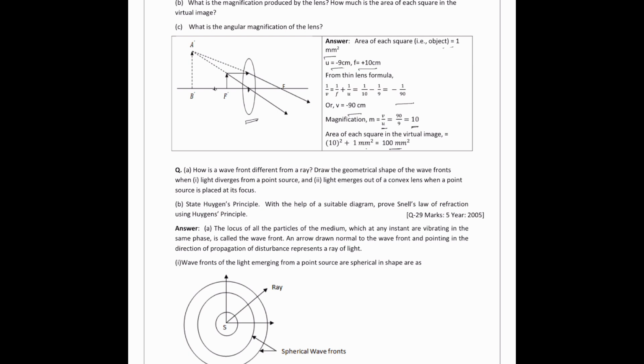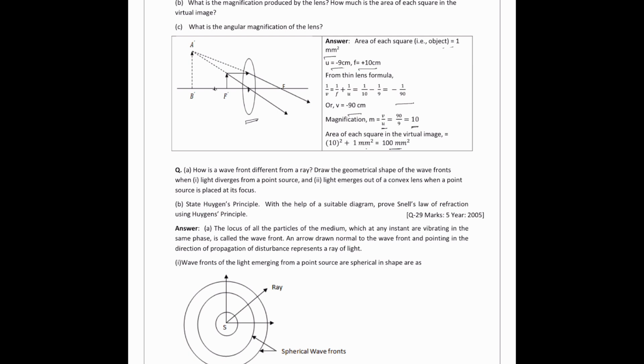Okay. Area of each square in the virtual image is equal to, okay, magnification is 100. So angular magnification, write what is the angular magnification? Okay.